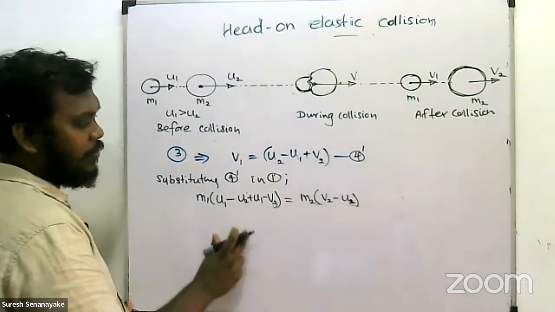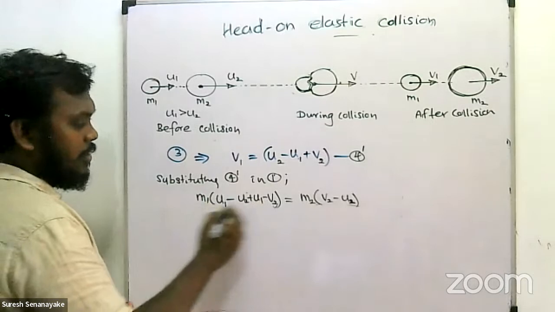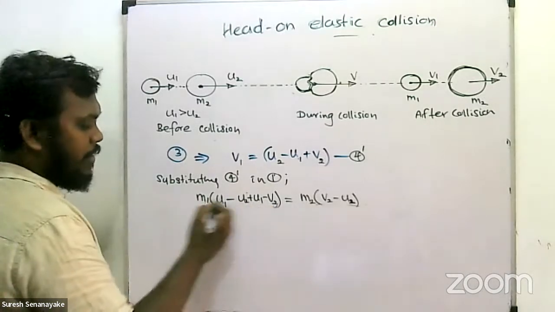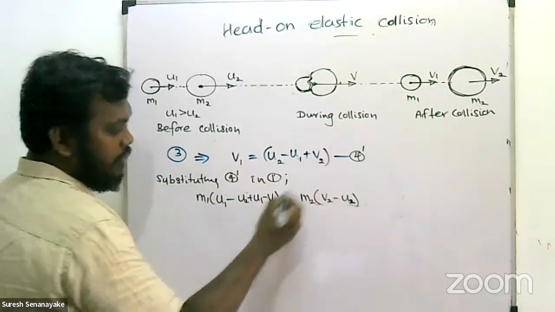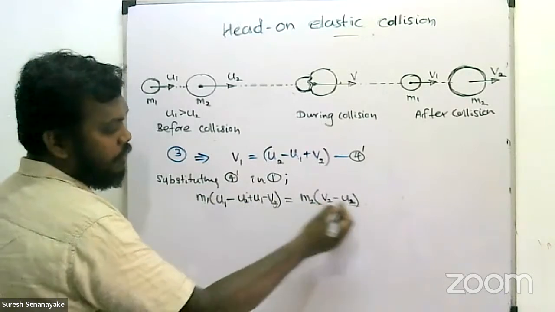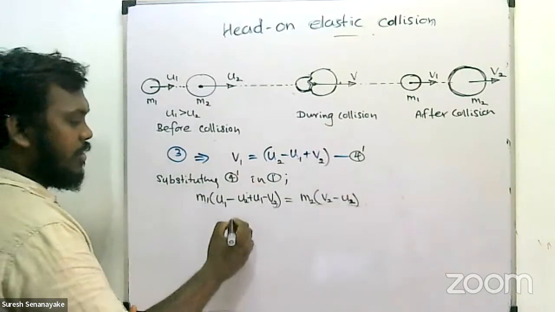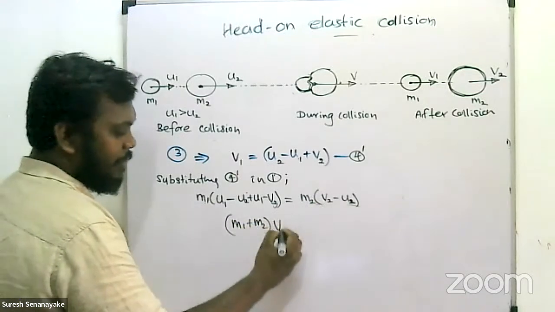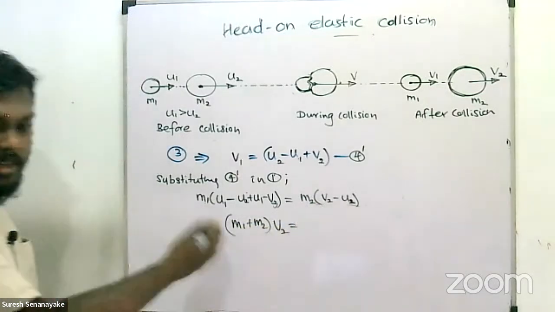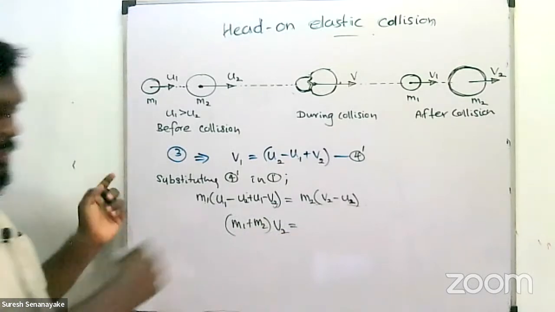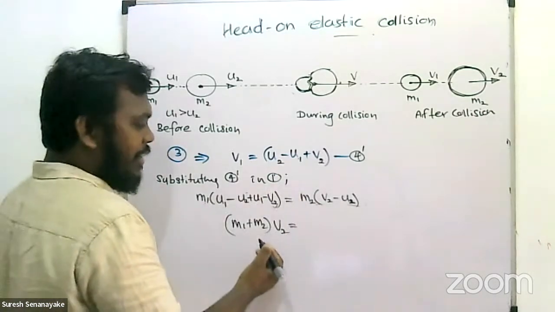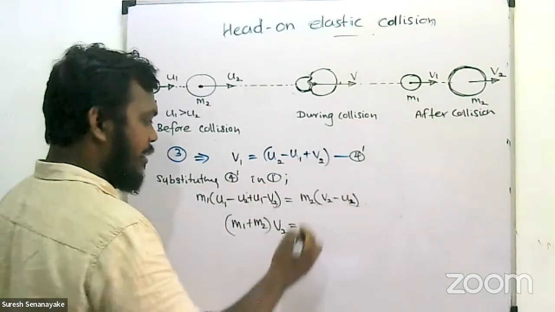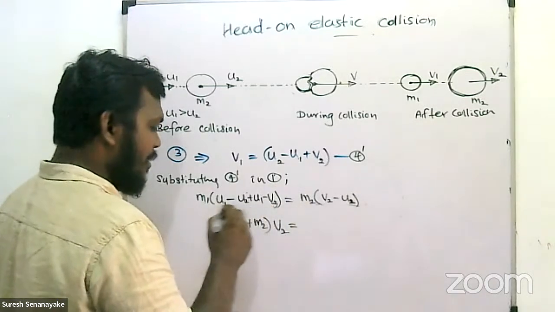Right, here then I make V2 the subject. When you get this ready, M1 minus U2, V2 goes to the other side. Here M2 U2 takes to this side. So now I write this M1 plus M2 times V2. Space is limited here. Rearrange this, take V2 to one side and the remaining terms to the other side.